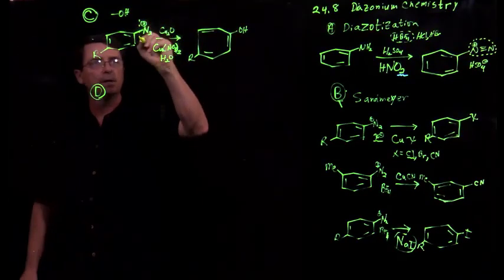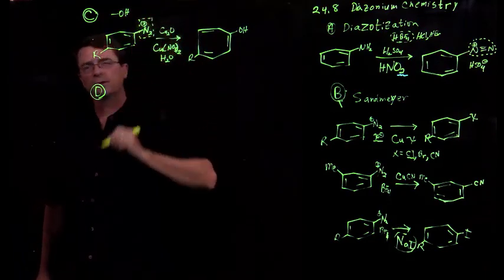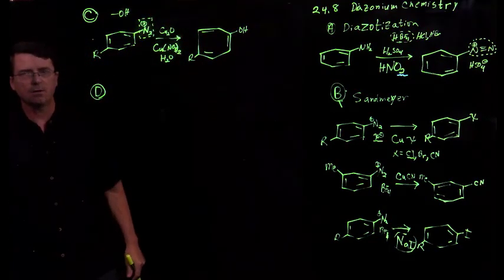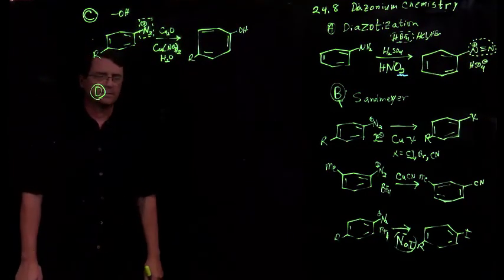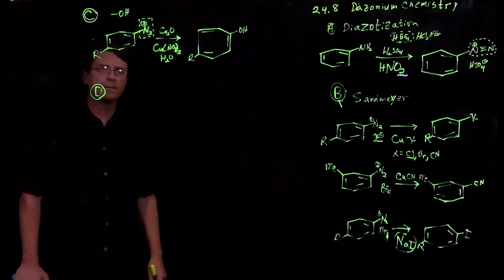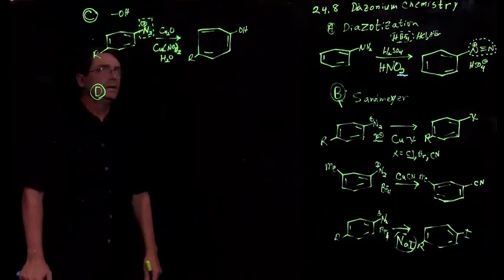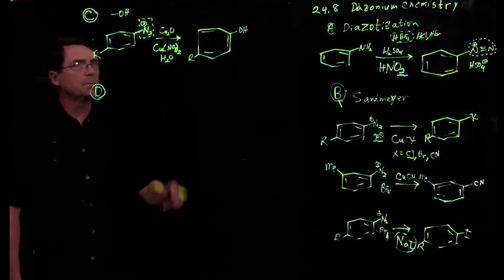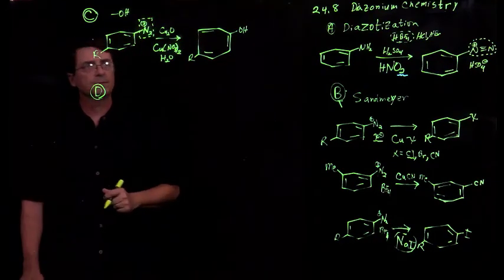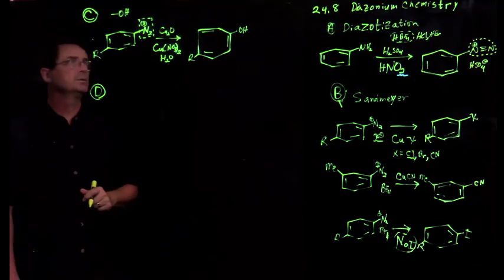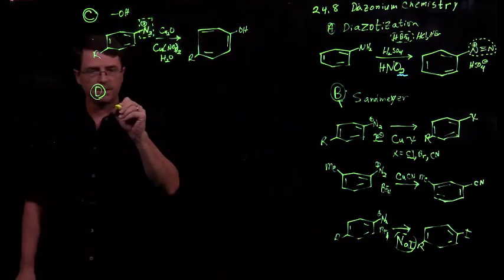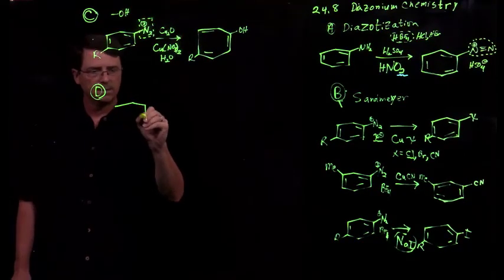So N2 is probably considered the best leaving group. Maybe if we could make an argon one by some nuclear chemistry, that would be better, but that's about the only thing that would be better. All right, so what would be really useful would be to convert the nitrogen, the diazonium, to a hydrogen. And it turns out there is a good methodology to do this.